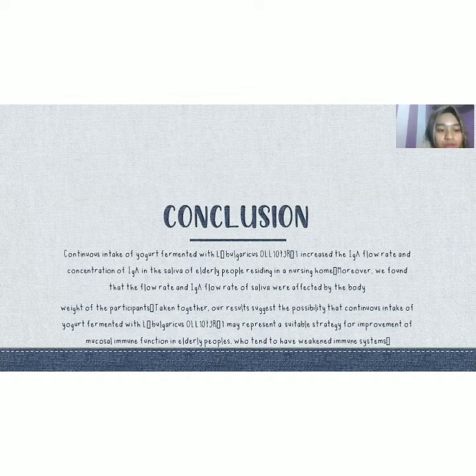Moreover, we found that the flow rate and IgA flow rate of saliva were affected by the body weight of the participants. Taken together, our results suggest the possibility that continuous intake of yogurt fermented with Lactobacillus bulgaricus may represent a suitable strategy for improvement of mucosal immune function in elderly people who tend to have a weakened immune system.